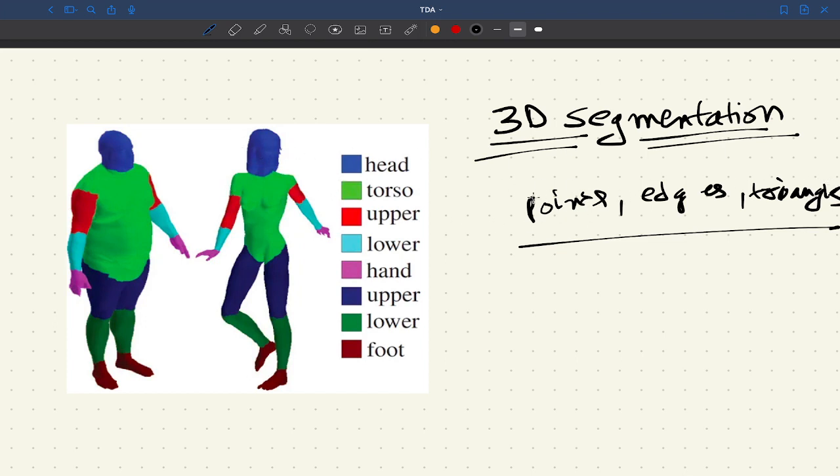So the computer knows the values of the points, the edges, the connections of edges, and the triangles that are formed. In the segmentation task, we classify each such 3D point. We have one point here, one point here. This point is classified as head, and this point is classified as torso. This can be done with the help of topological analysis.